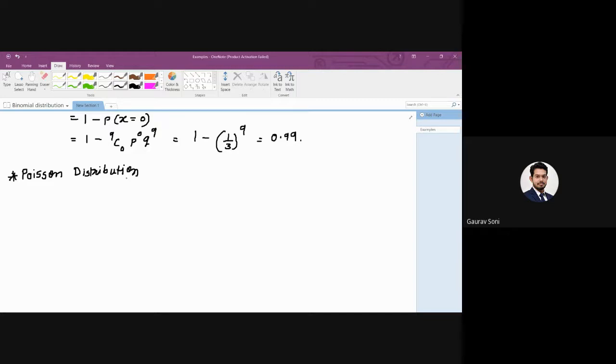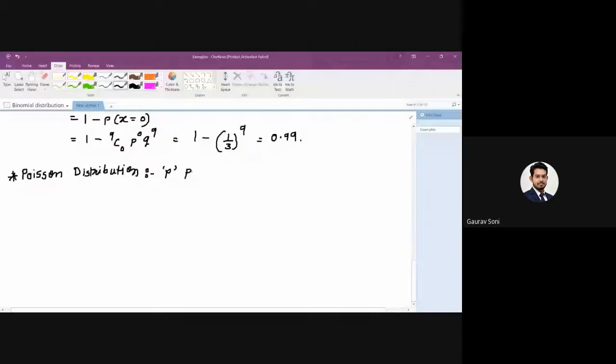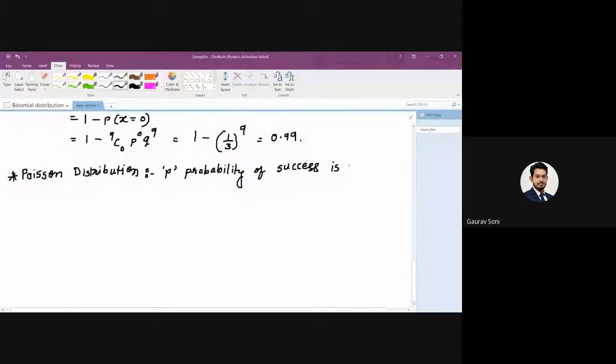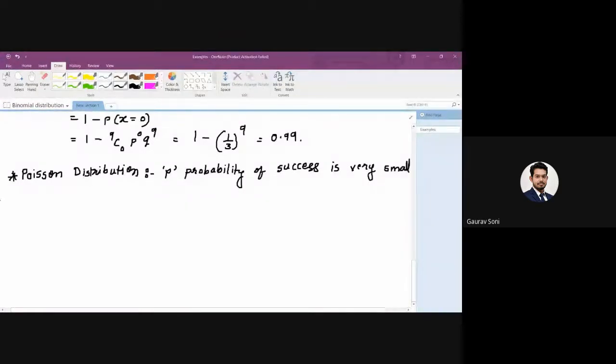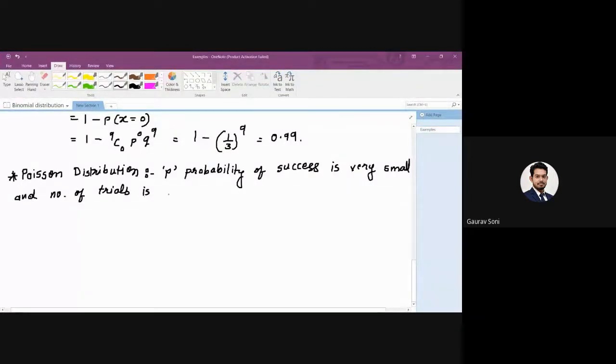But in Poisson distribution, the number of trials is very large, and p, the probability of success, is very small.